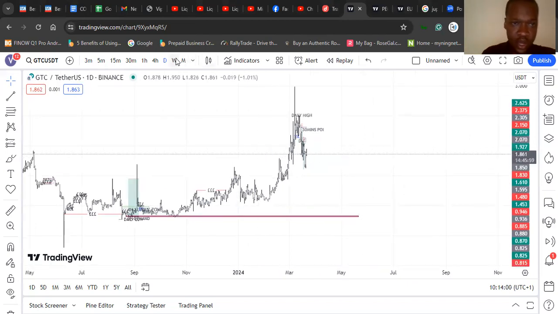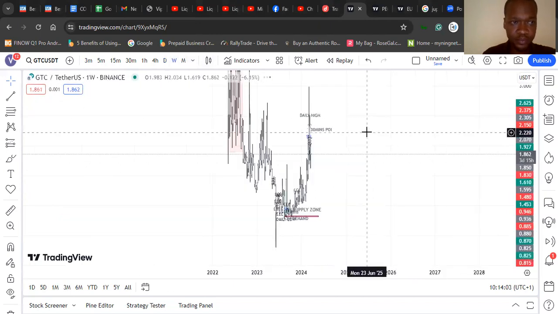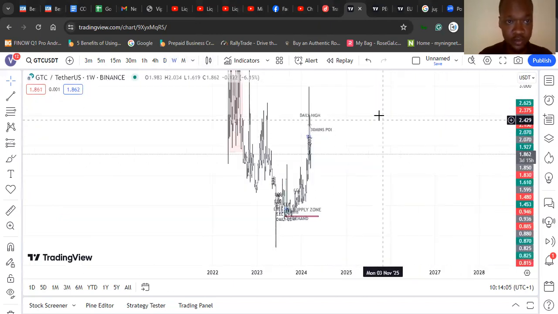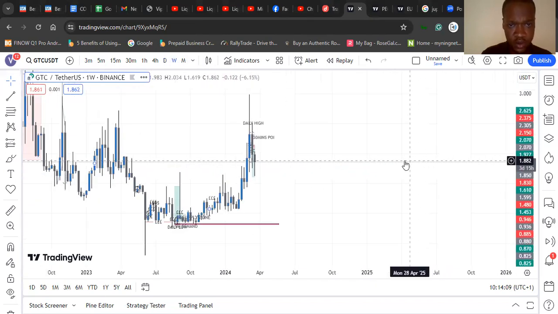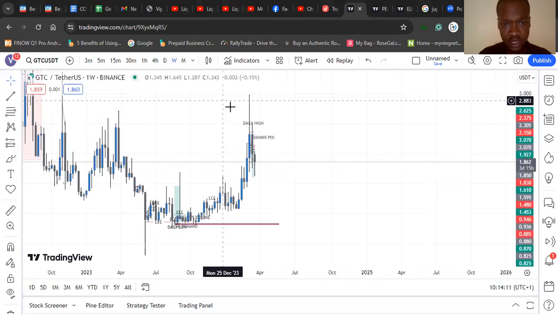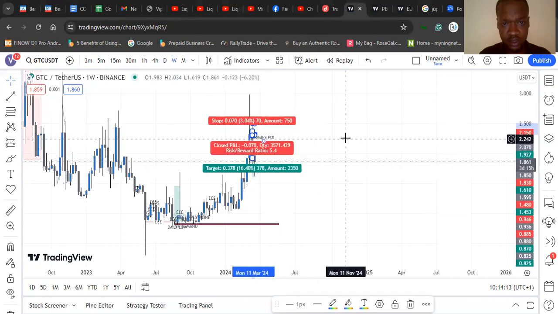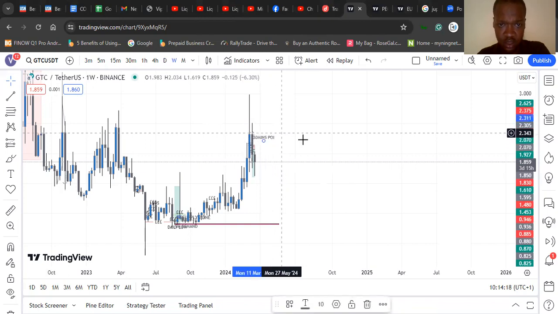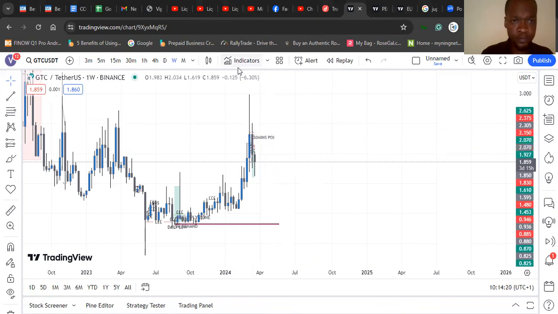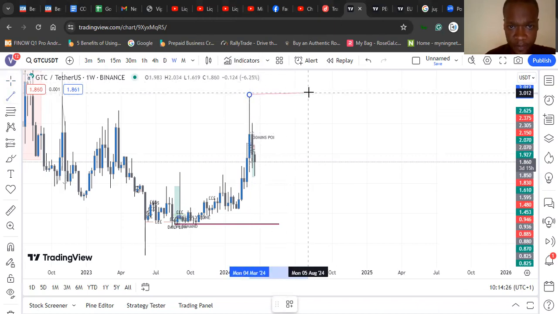So let's start from the month and from the weekly, right? From the weekly, let me take out this card first, let me take this one out, and yeah. So from the weekly, we can see that price has already given us a weekly high here, right?